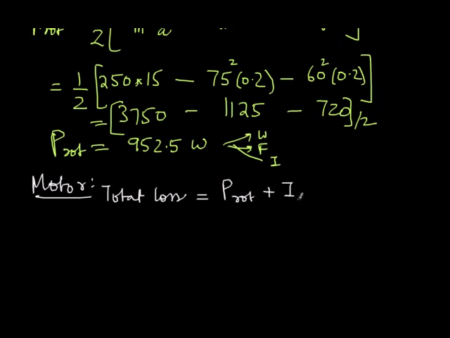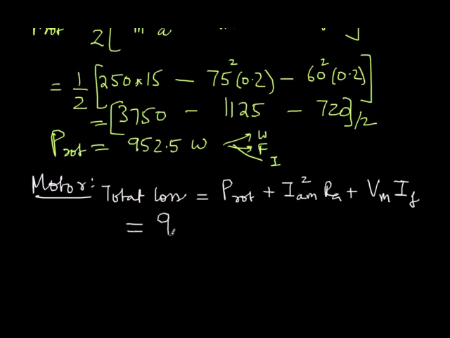So IA motor square RA plus the field winding, that is IF motor square into RF. So instead of this, I can also write VM into IF. So like this. So this covers the total losses occurring only in the motor.